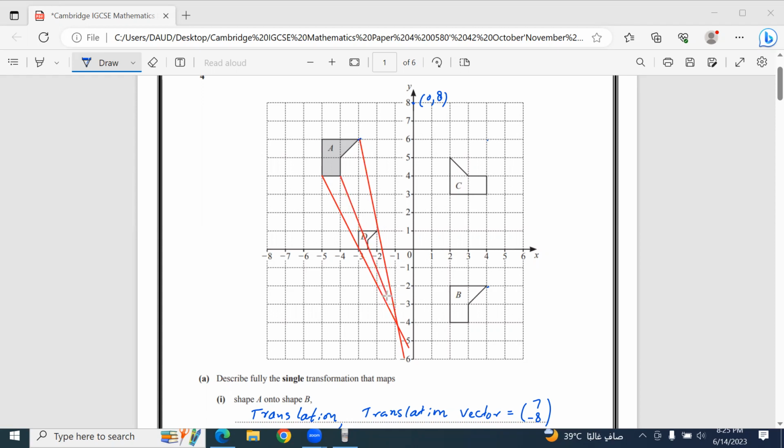You can check one more corner if you want, from here. If you check carefully, it is at (-1, -4).